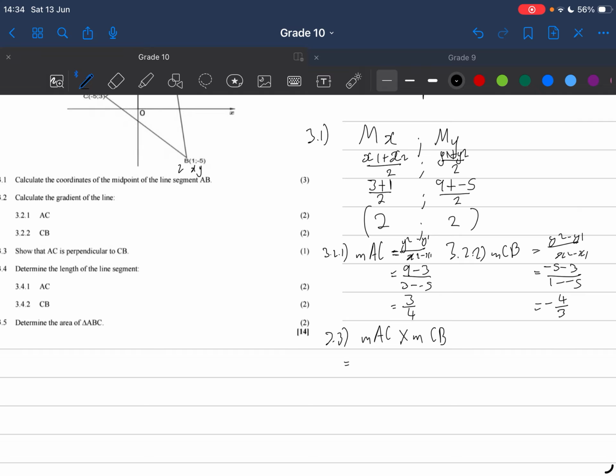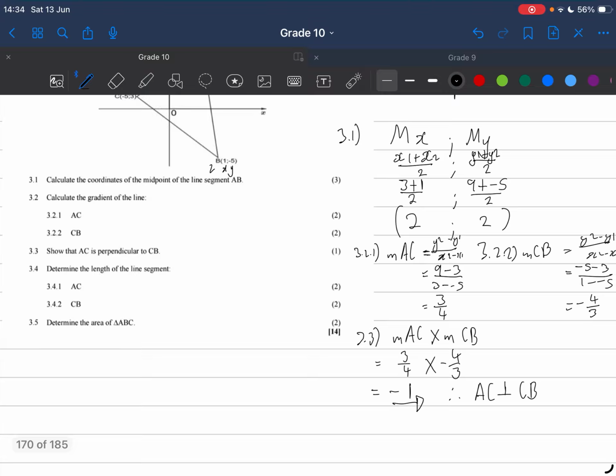And if this answer equals -1, they are perpendicular, only if it equals -1. So we worked those gradients out above. 3 over 4 times -4 over 3, and you multiply them together, you'll get -1. Therefore we can say AC is perpendicular to CB, and that's my answer.